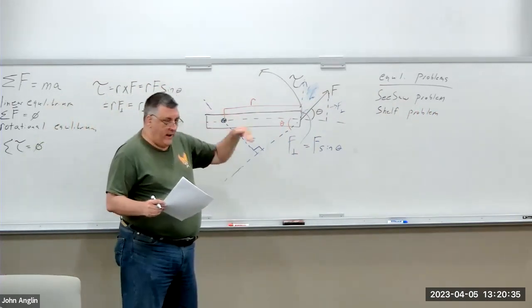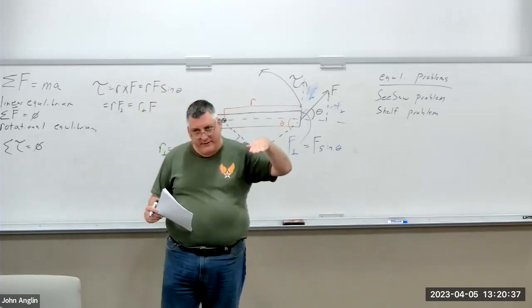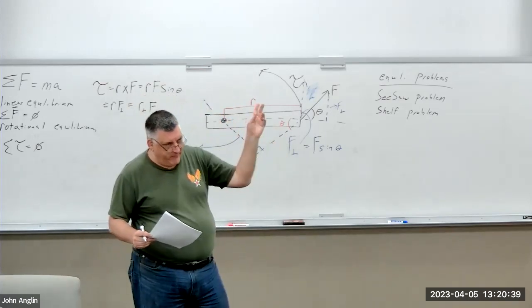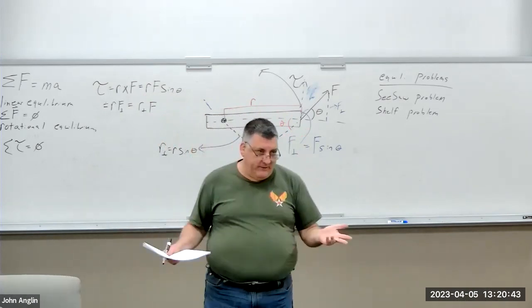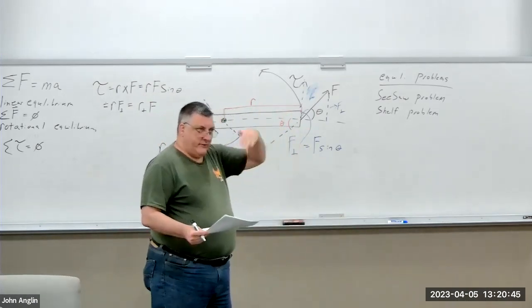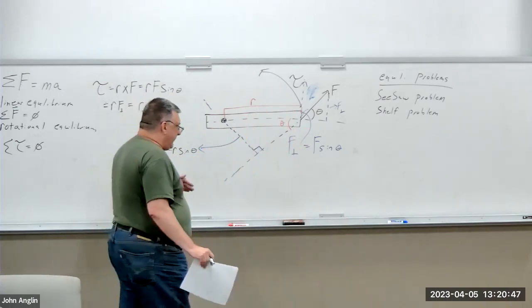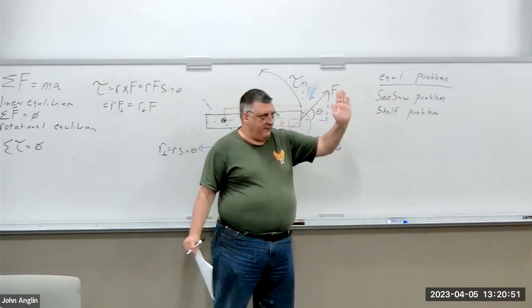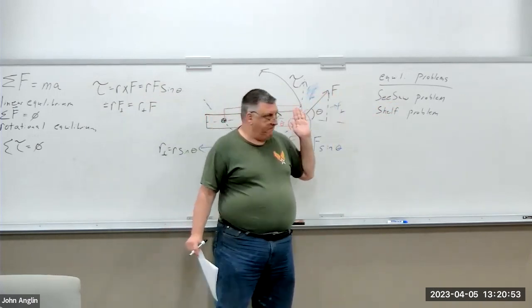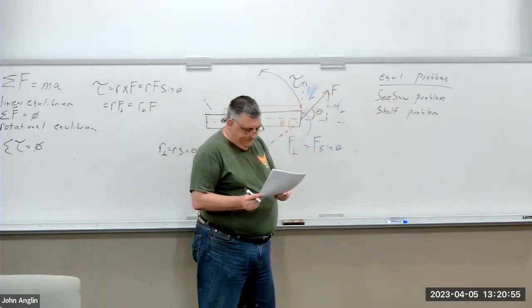And we want to know how much weight we can put on that thing before that rope snaps or that chain snaps, right? So we'd like to find some tension. Again, you can think of this as a rotational problem, right? But instead of being the seesaw problem where the pivot point's in the center, now we've got a pivot point at one extreme, but we're still doing the same thing.